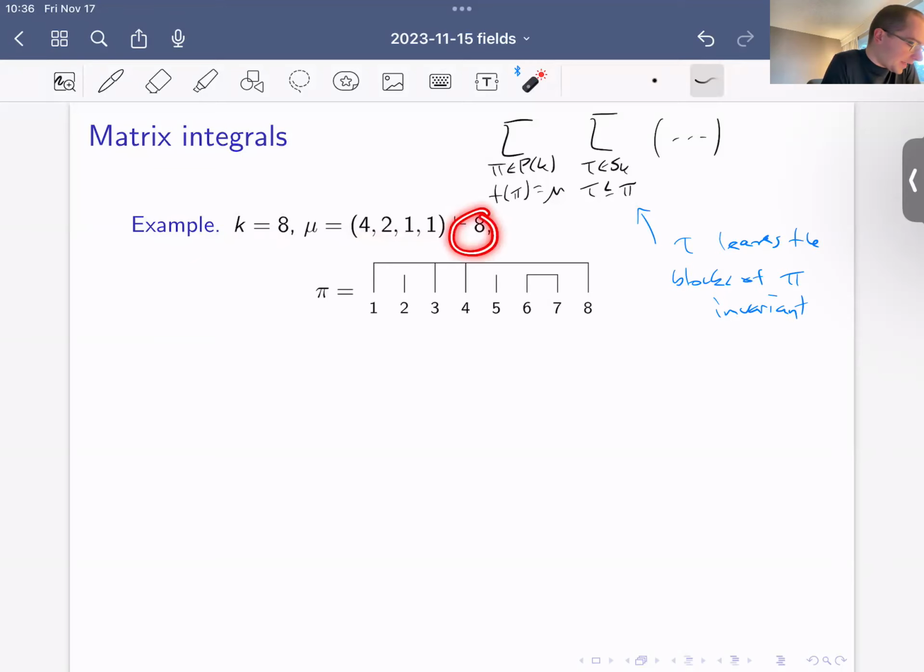So this is a partition of 8. And pi here is just some partition of 1 through 8 whose blocks correspond to this integer partition, right? It has a block of size 4, a block of size 2, and 2 singletons, so 4, 2, 1, 1.